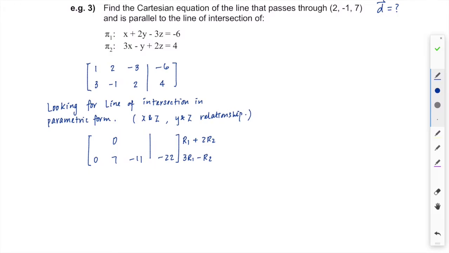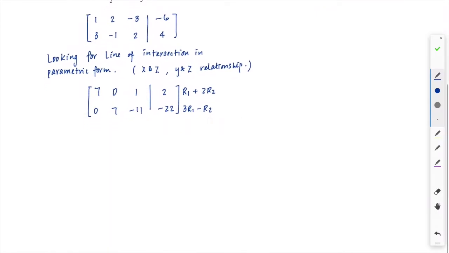Okay, so r1 is 1 plus 3 times 2 is 6. This is 7. -3 plus 2 times 2 is 4 is +1. -6 plus 8 is 2. Okay, so effectively I have found 7x plus z equals 2, or x must equal 2 minus z over 7.